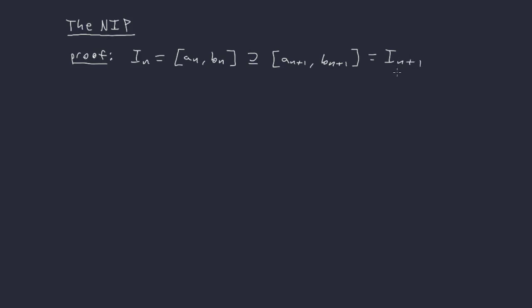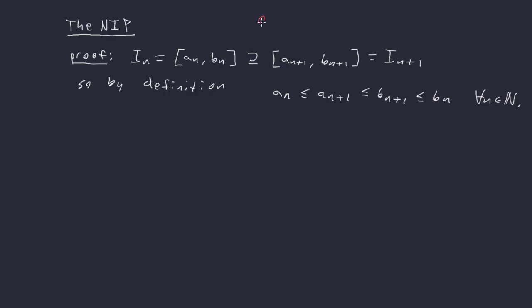Now, this means by definition that a_n is less than or equal to a_{n+1}, which is less than or equal to b_{n+1}, which is less than or equal to b_n, for all n in the naturals. That just comes straight from the definition, because each interval is contained in the next one.